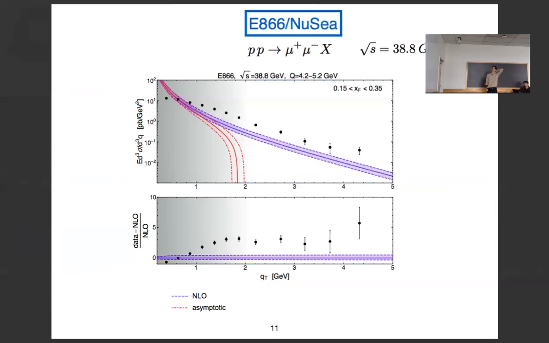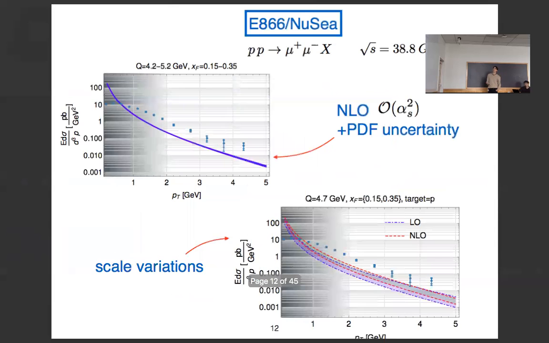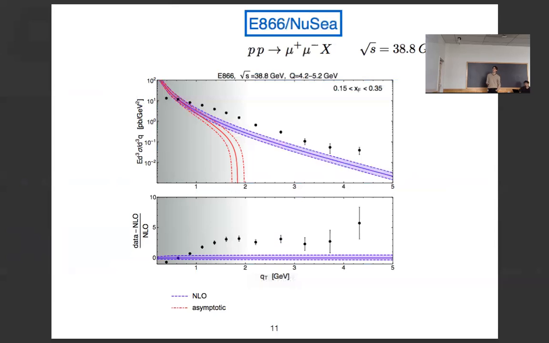And you see here the region where we should expect it to be reliable, and the K factor is big, it can go up to 6. So the trend is general among all the sets that we have considered.